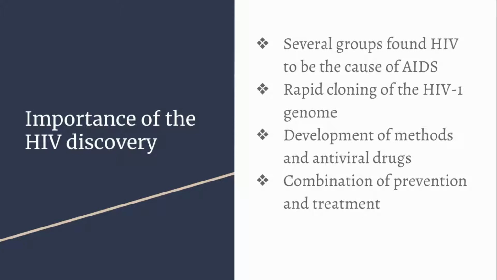The unprecedented development of several classes of new antiviral drugs is also a result of knowledge of the details of the viral replication cycle. The combination of prevention and treatment has substantially decreased spread of the disease and dramatically increased life expectancy among treated patients.